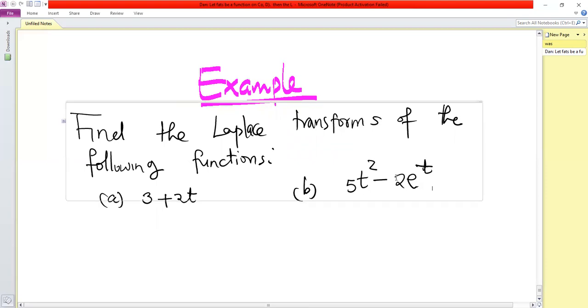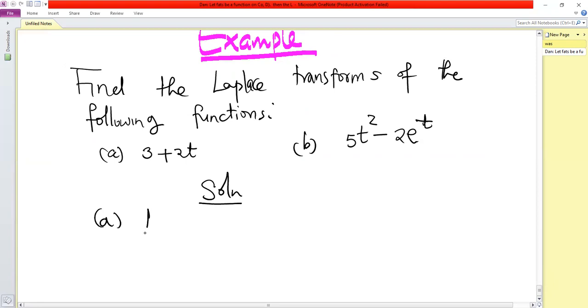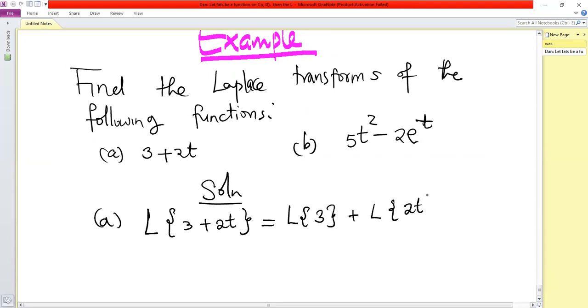Solution. For A, the Laplace transform of 3 plus 2t is the same as the Laplace transform of the function 3 plus the Laplace transform of the function 2t.